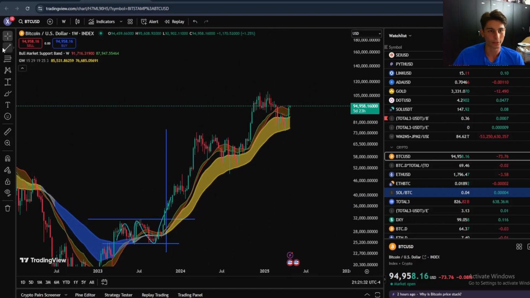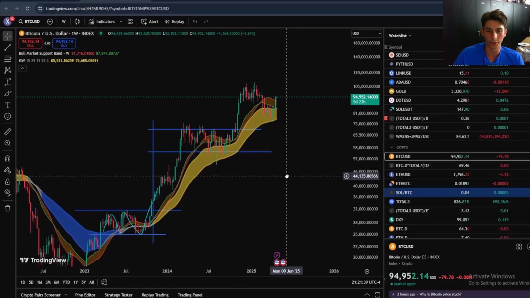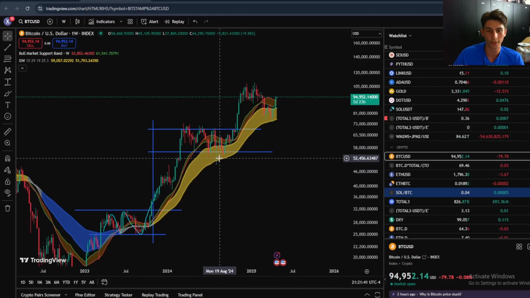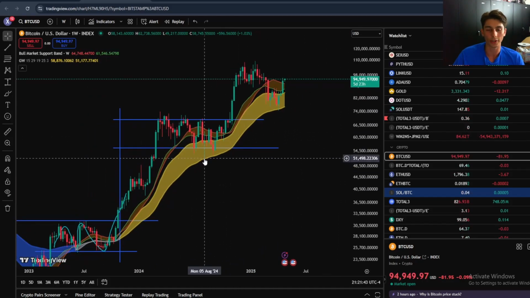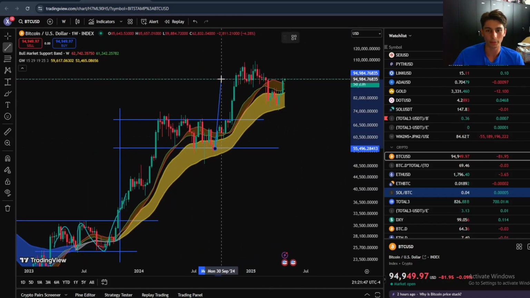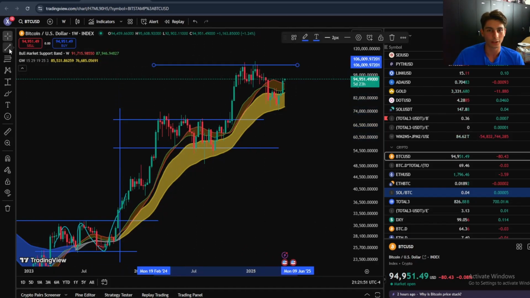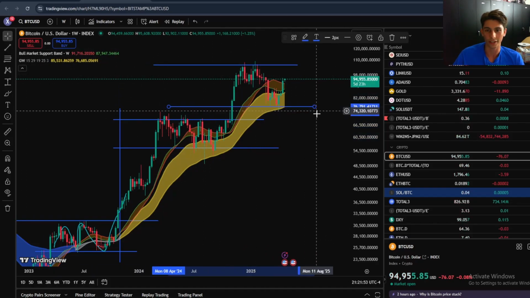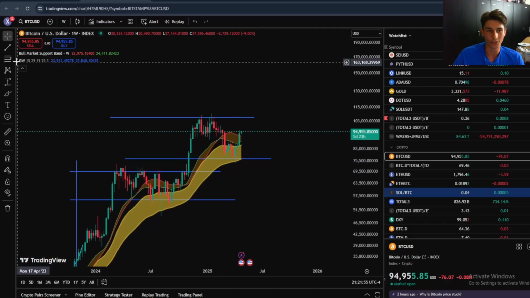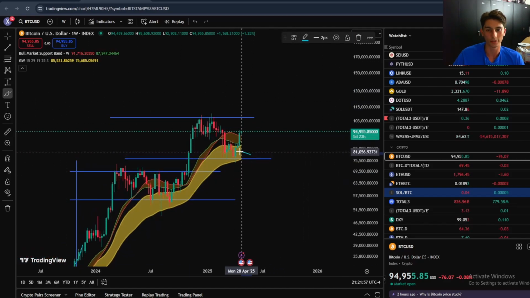And now we can see the same thing happening here. We go into these ranges. Bitcoin forms a local bottom. It holds support, and then we go back up. And it's doing the same thing right now, where we form this range, and it holds support at this level right there.